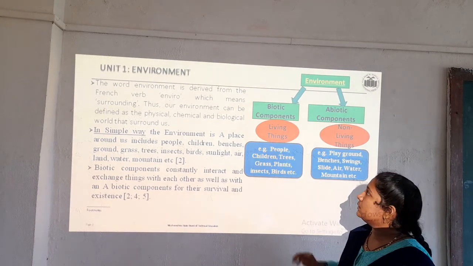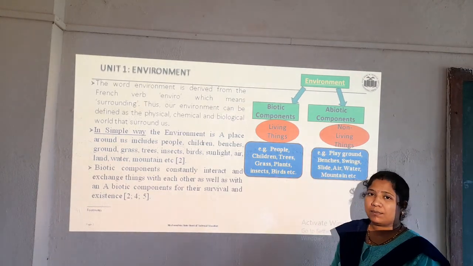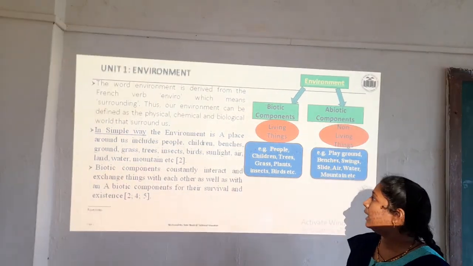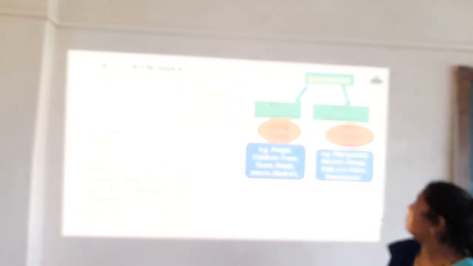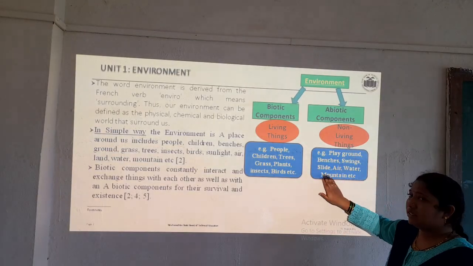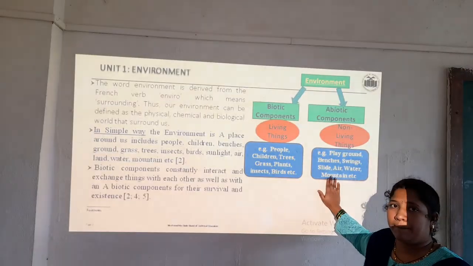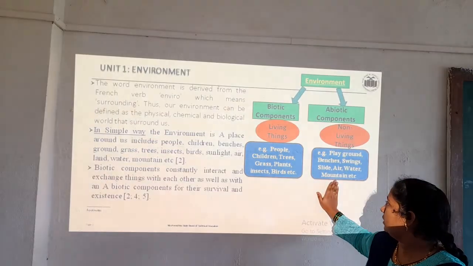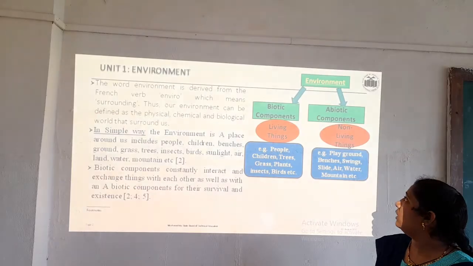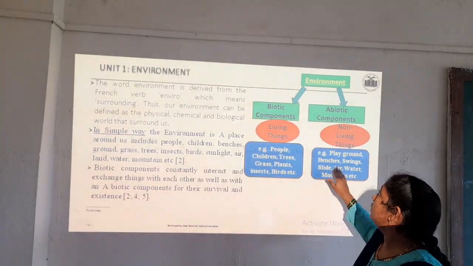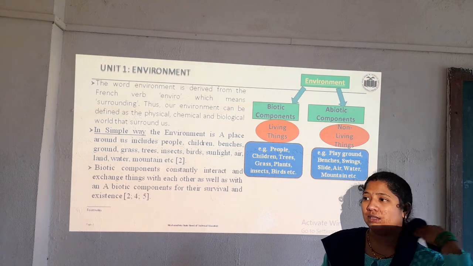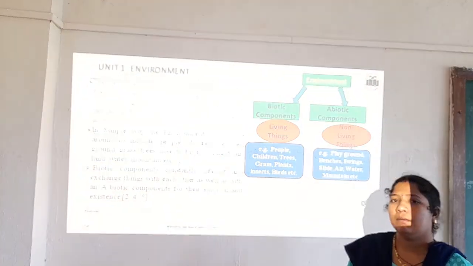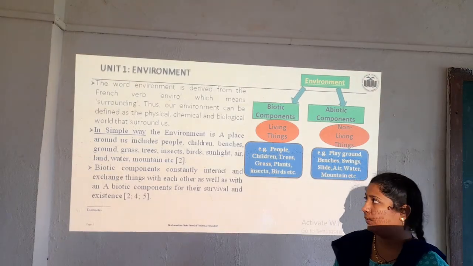Biotic components are the living things, for example people, children, trees, grass, plants, insects, birds, etc. And the non-living things, for example playground, benches, swings, slide, air, water and mountains, come under the abiotic components. So these are the components of environment: biotic and abiotic.